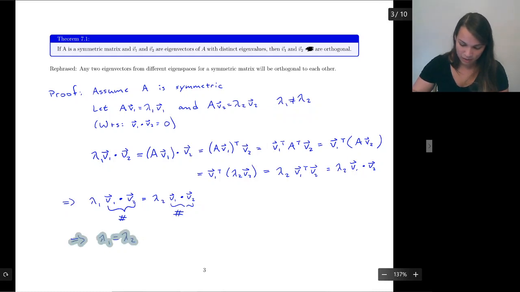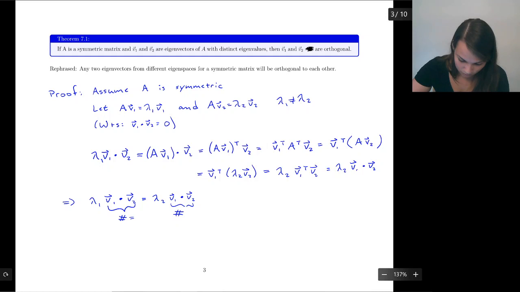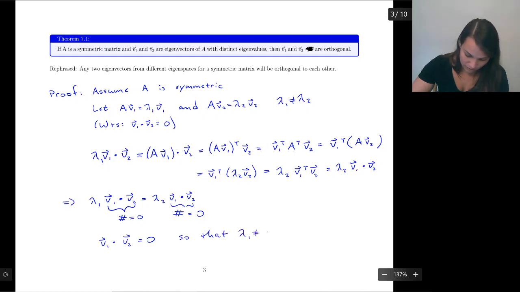So how is it possible that we have this overall thing equals that overall thing? It's only possible if we couldn't divide by that number, aka that number is 0. So v1 dot v2 has got to be equal to 0 so that lambda 1 continues to not equal lambda 2. Therefore, they are orthogonal.